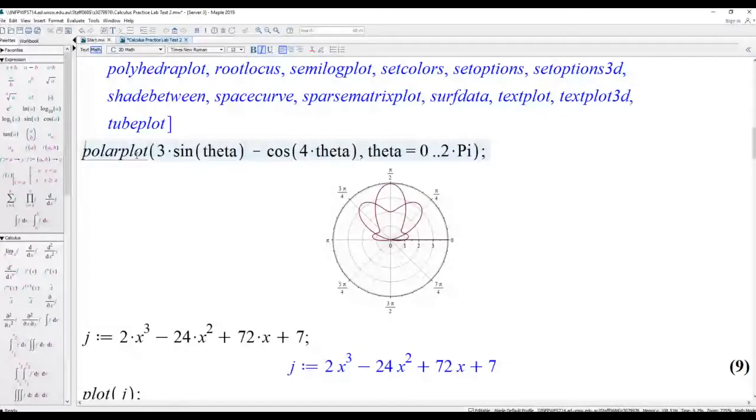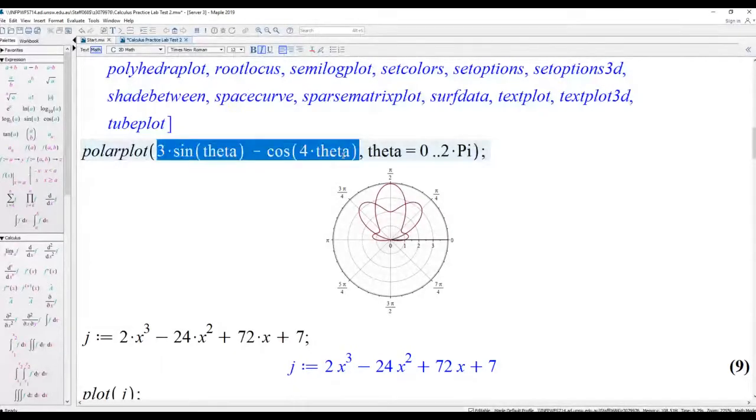I've said, right, give me a polar plot of this function for theta between 0 and 2 times pi, and Maple gives me this. Okay, and so what I'm going to do now is just compare that graph against all the possibilities that I could answer with. Okay, so let's have a look.